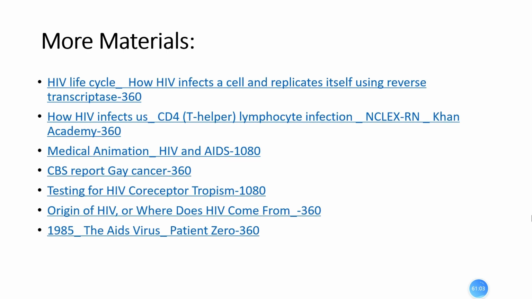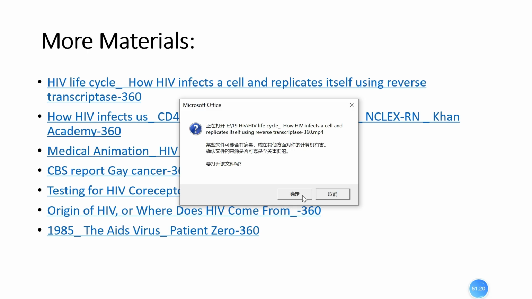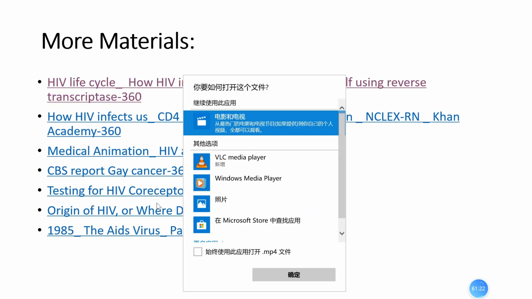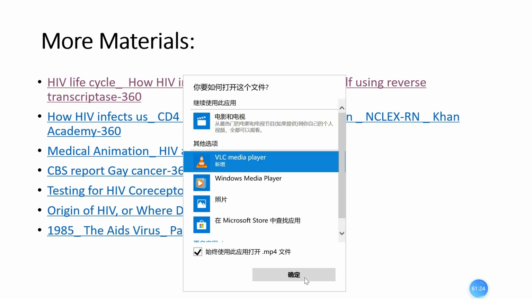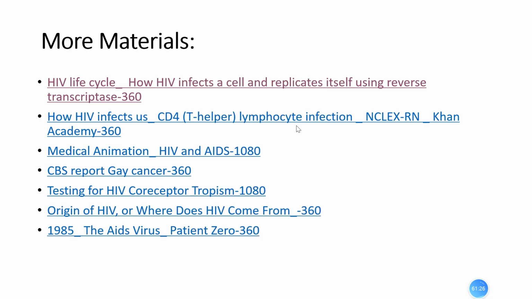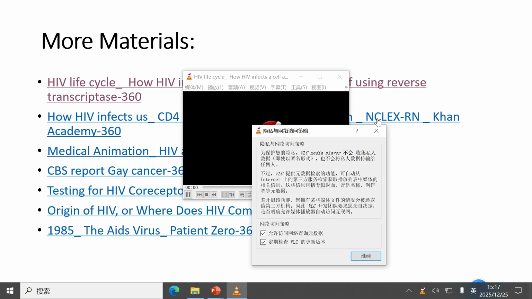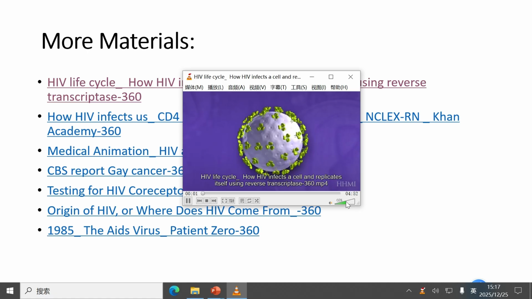Okay, I just mentioned the life cycle of HIV, how the virus attaches to the host cell, how it replicates, and let me show this video. So this is HIV.